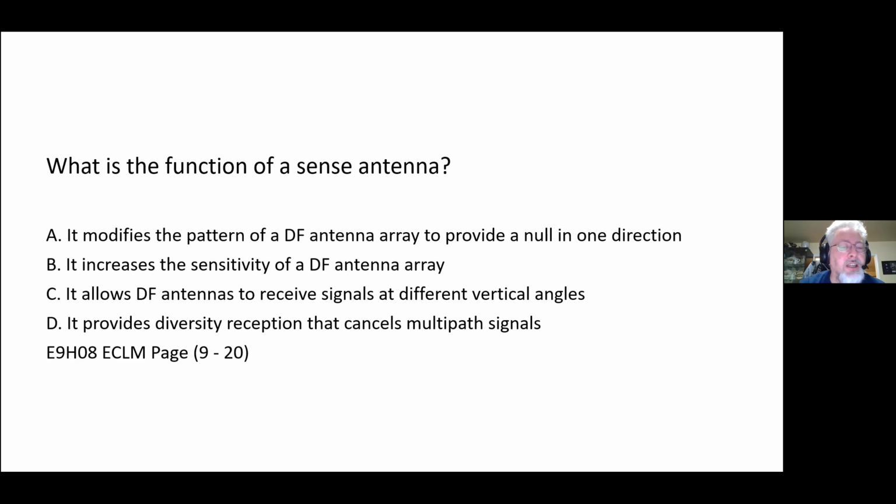C, it allows DF antennas to receive signals at different vertical angles, or D, it provides diversity reception that cancels multipath signals. Alpha. Alpha is correct. It modifies the pattern of a DF antenna array to provide a null in one direction.